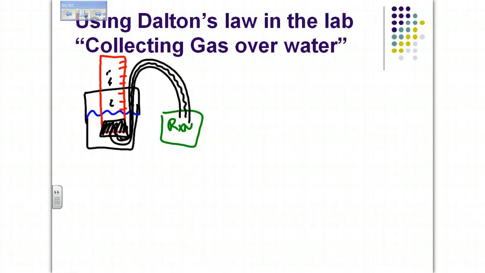This collecting tube has water, and the gas is going to push that water down, and we're going to be able to figure out how much gas we have. The water gets pushed down and comes out this tube, and what we do is collect gas above and we can measure that gas.